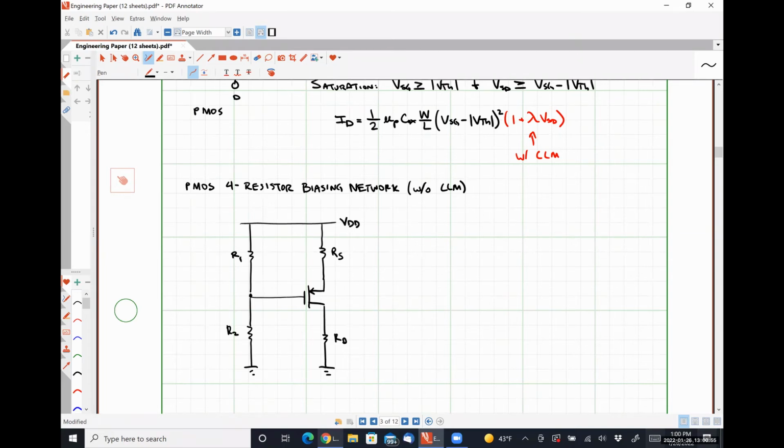This is our voltage VDD. This is obviously our gate terminal, our source terminal, our drain terminal. This is our voltage VSG. Here is our drain current ID. Here is our voltage VSD. Like so.